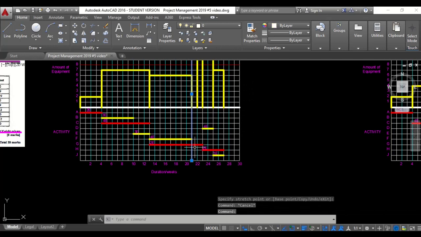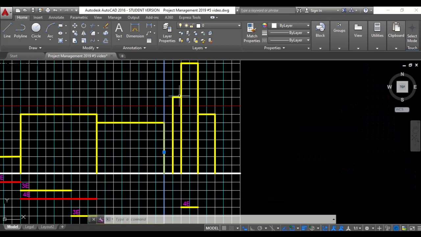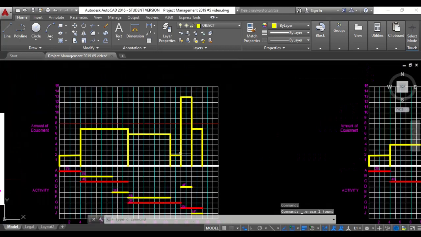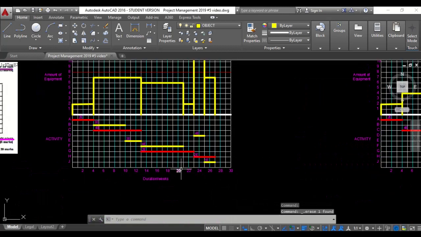And then for the other 2 weeks, it is 2 equipment. So 2 equipment here, good.